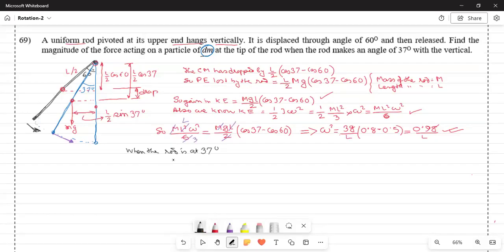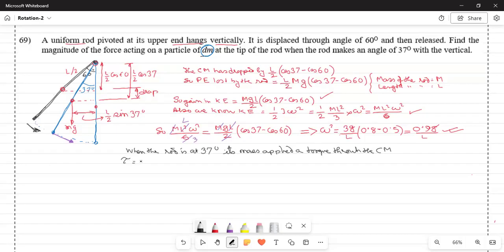So when the rod is at 37 degree, its mass applies a torque through the center of mass. And this torque is equal to how much? Torque is always force multiplied by the perpendicular distance, right?